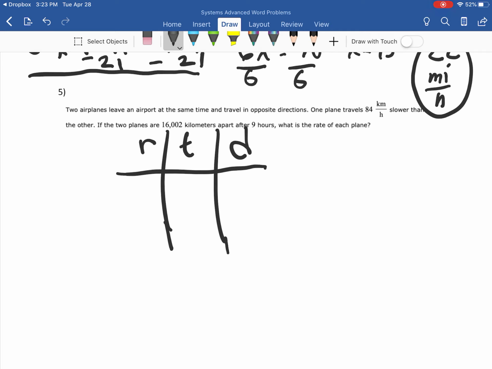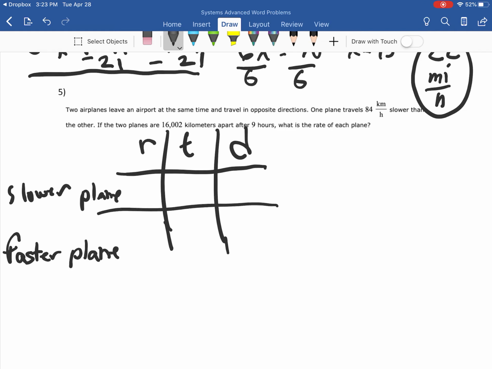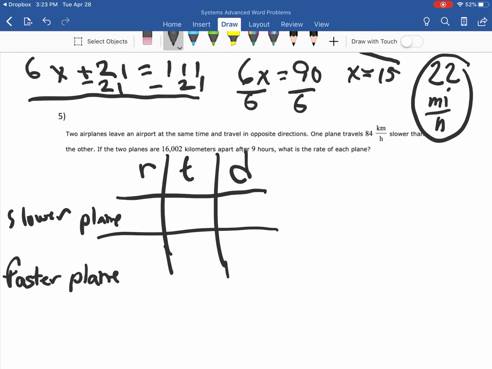What is the rate of each plane? So again, slower plane, faster plane. Okay, so what can we fill in here? 9 hours for each of them.